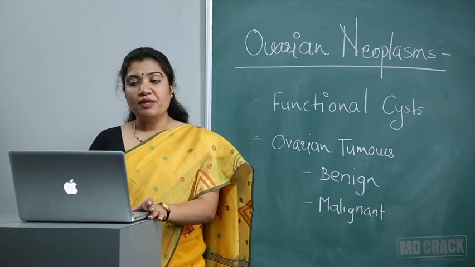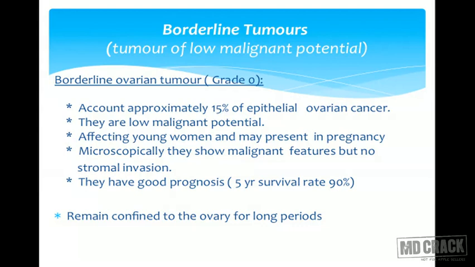And what is the borderline variety? Borderline ovarian tumor is grade 0, that is the grade of histology. They account for almost 15% of epithelial ovarian cancer. They have very low malignant potential. They affect young women and may present during pregnancy. Microscopically, they show malignant features, but there is no stromal invasion.